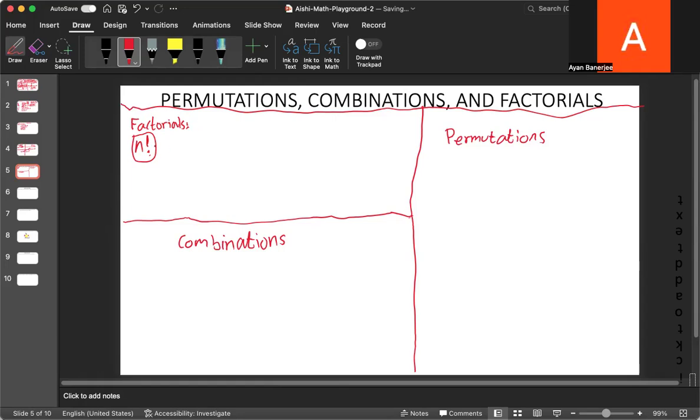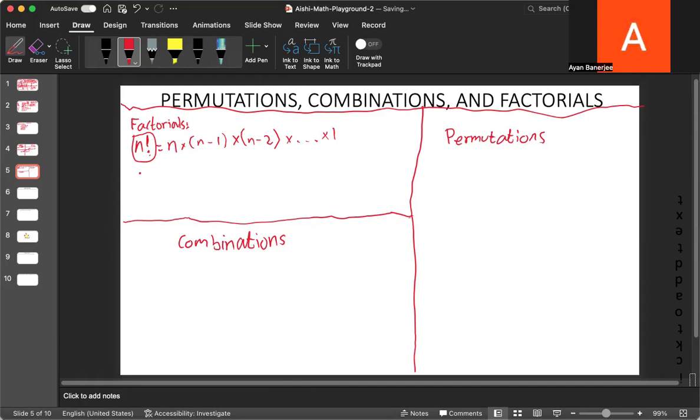But n factorial is equal to n times n minus 1 times n minus 2 times, you keep going on until you get to times 1.